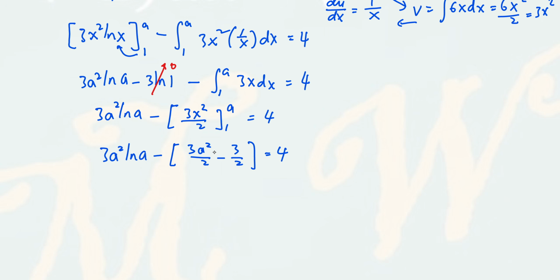I don't need the fraction, so I multiply the whole equation by 2. You will get 6a squared ln a minus, be careful with this minus, bring it into the bracket, especially for the second term, it should be positive 3, then equals 8.